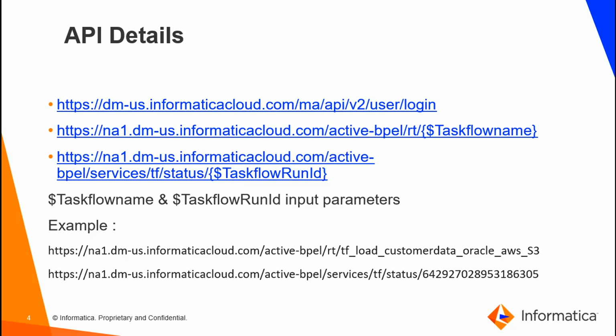So TF load customer data underscore Oracle AWS S3 is something like the Taskflow name you can pass. When you execute this Taskflow, you will get a run ID, and the next API indicates status slash whatever run ID I got from the first API, and then I will get to know the Taskflow status when you execute or invoke this API call.